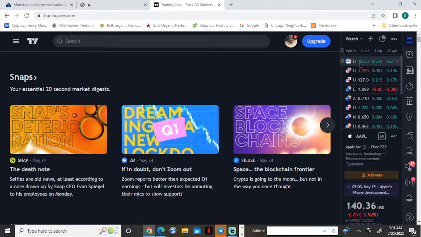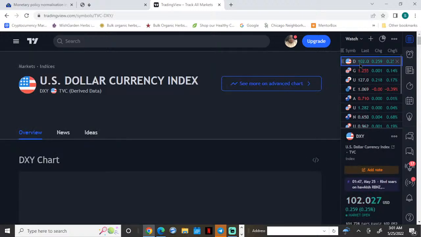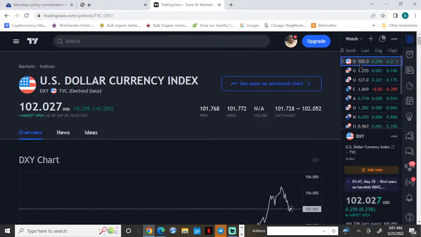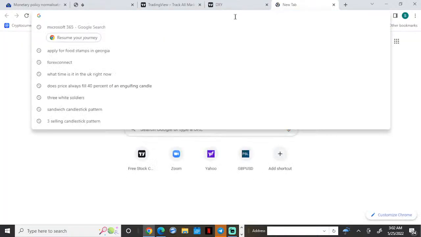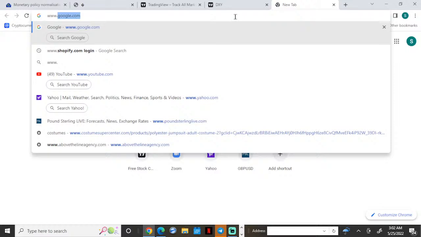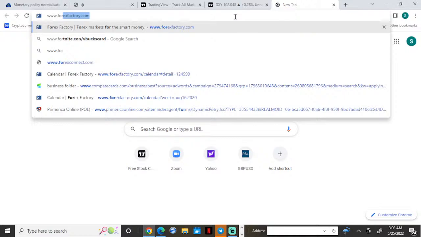Alrighty, let's see what's going on in the Forex market. London session. Alrighty, I'm gonna check news first because yesterday we had an orange folder.